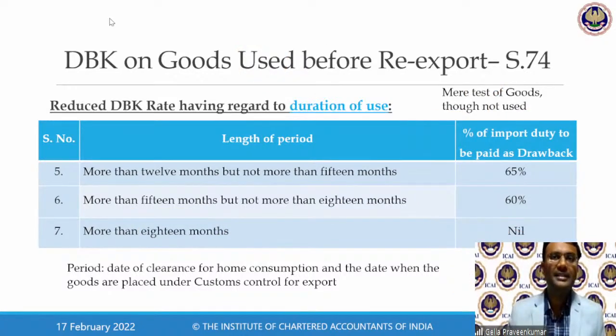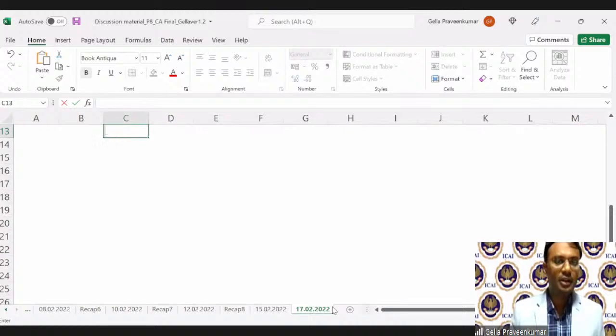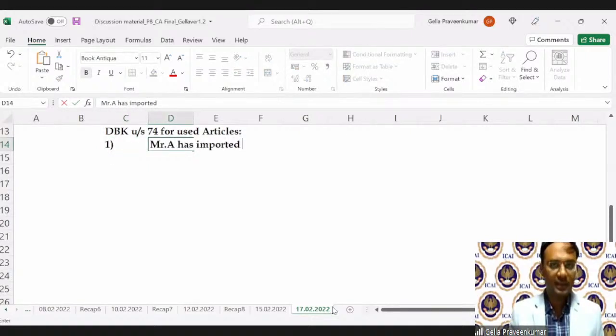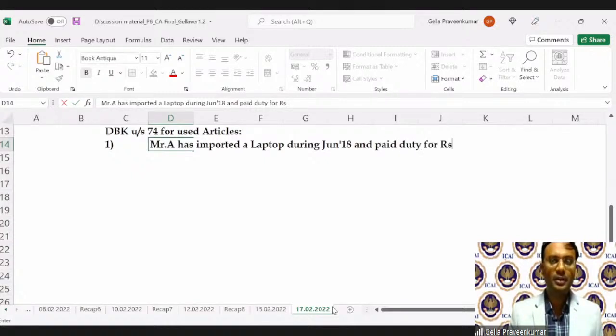Right? Now, let's take a few examples for our understanding. Drawback under section 74 for used articles. Question number 1. Mr. A has imported a laptop during June 18 and paid duty of rupees 45,000.